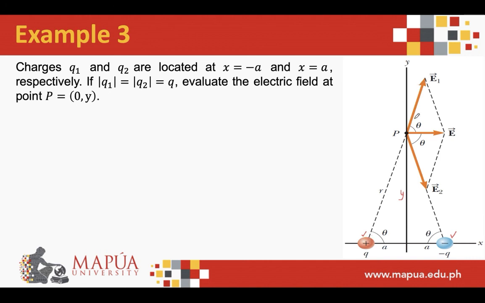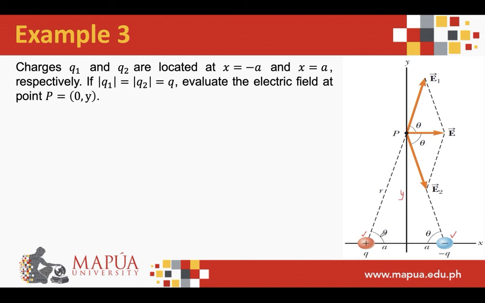For the electric field, you have a positively charged particle, so it should be directed away from the charge. This is passing through P. This will be the direction of E1. And this is a negatively charged particle, so directed towards the charge. So this must be the direction of E2. E must be the resultant vector of E1 and E2.